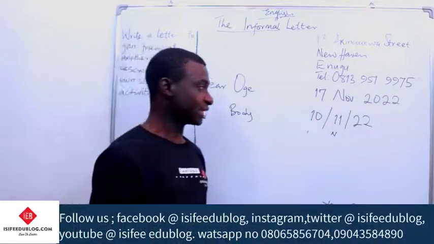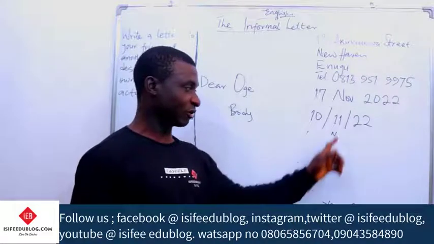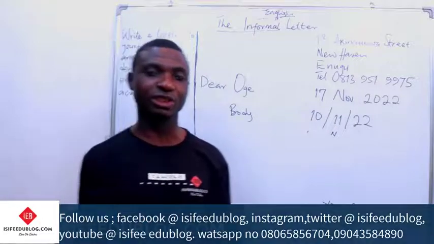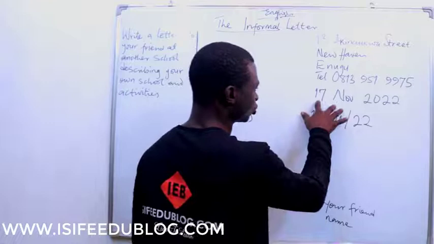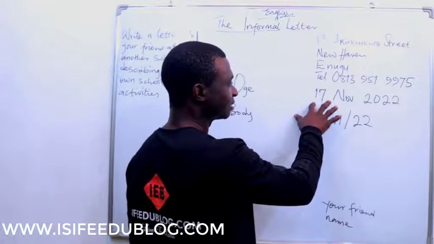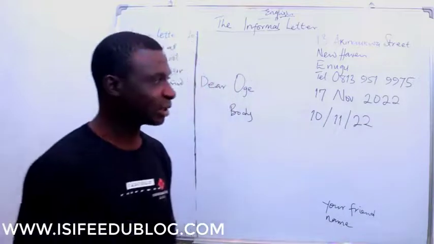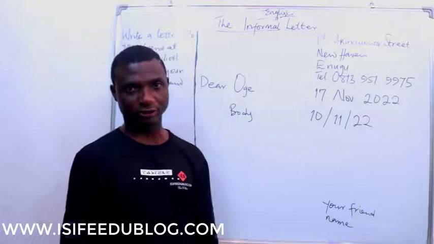Because in that region, the month comes before the day and the year comes last. So to avoid these controversies in date formats, we simply write this way: 17 November 2022. Anybody, anywhere will understand it, whether it is your date format or not.